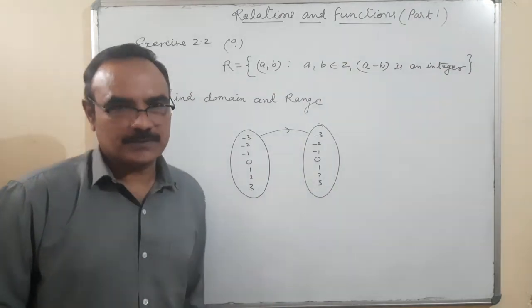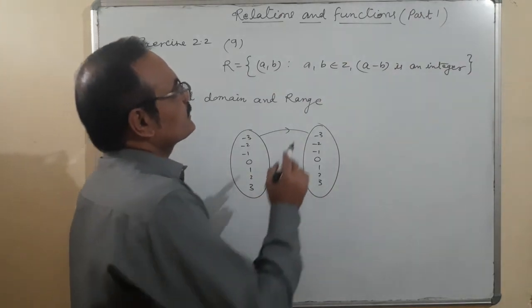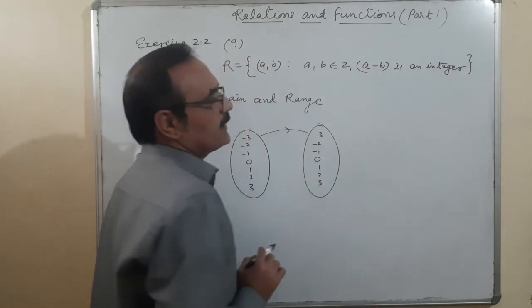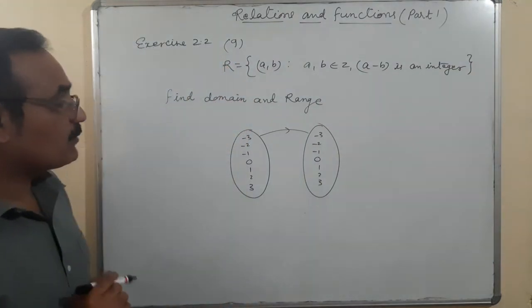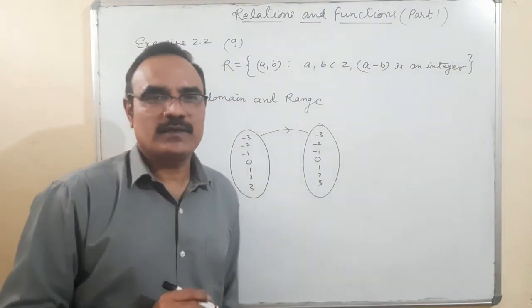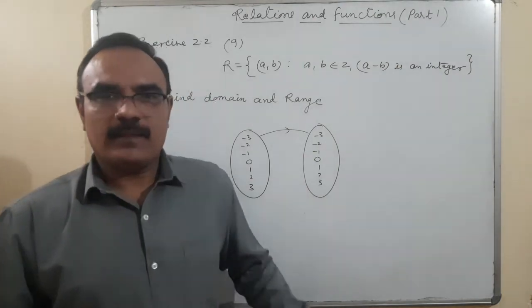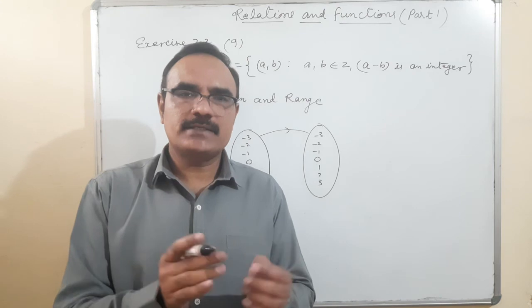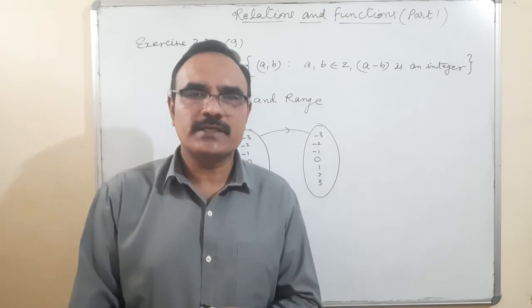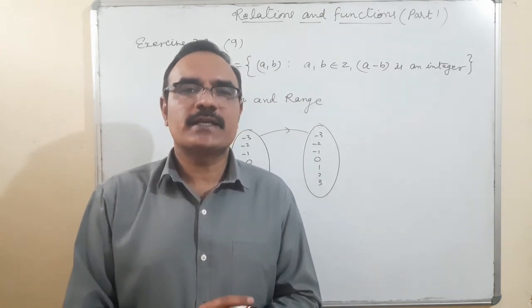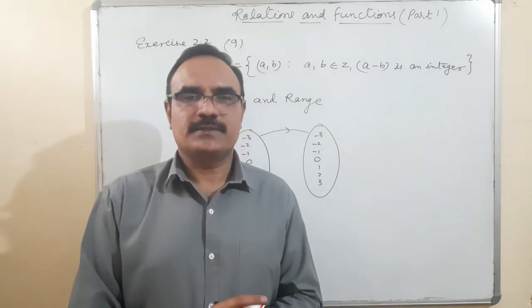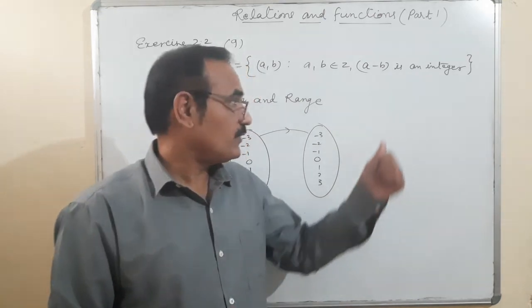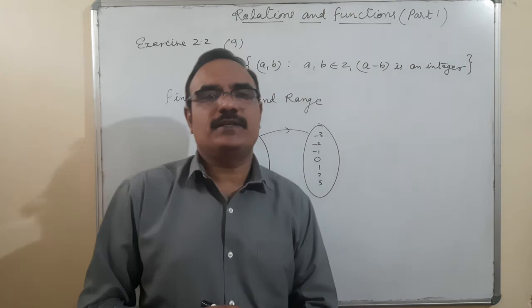It's infinite terms. The condition is a minus b is an integer. You know one thing: the property of integers says that the addition of two integers is always an integer, and the difference of two integers is an integer. And here we are going to find that the difference is an integer.